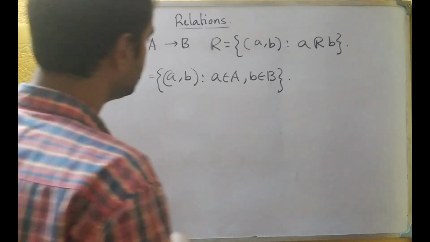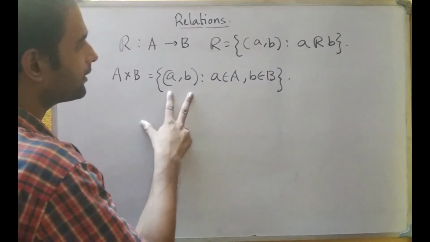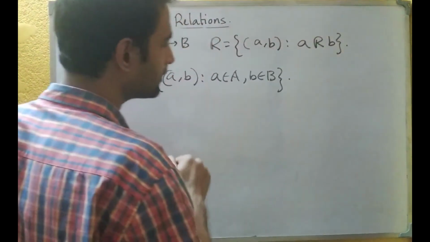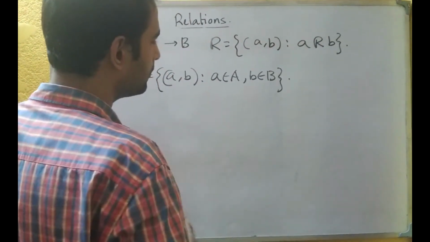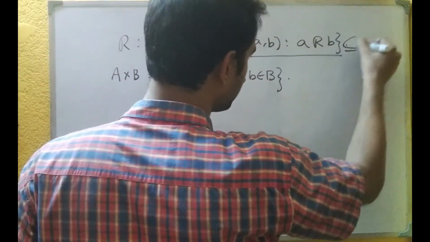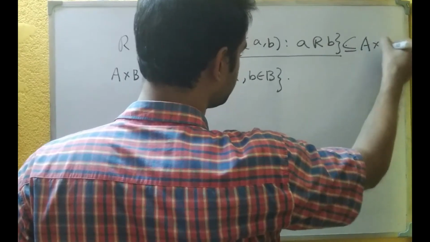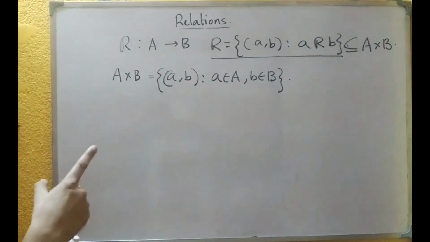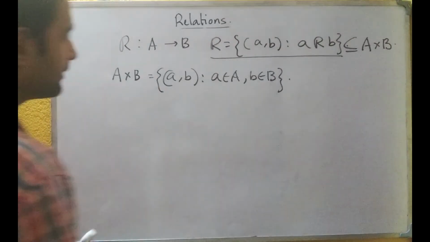See, we are basically taking these elements only with some particular condition, that is A is related to B. So we can consider this set R as a subset of this A cross B. So that we take as the definition of a relation.